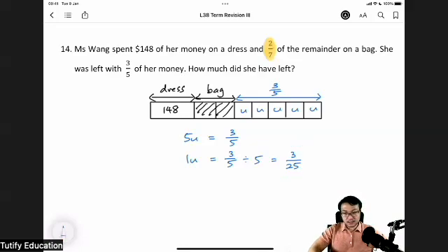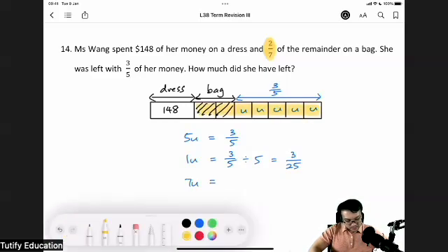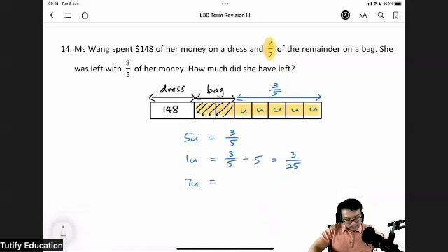So the question says, how much money did she have left? Okay, never mind. Let's just find the remainder first. Let's just find the full 7 units first. This 7 units represents what fraction out of 25? 21.